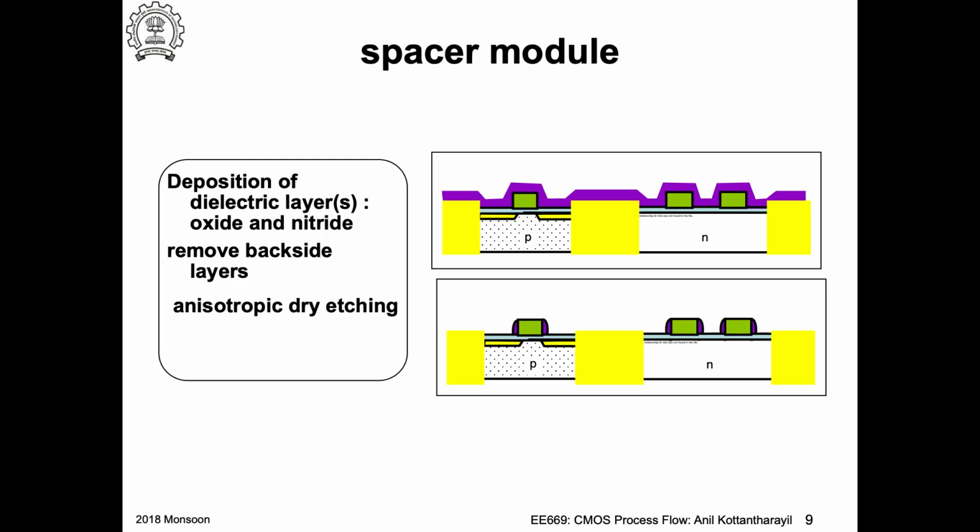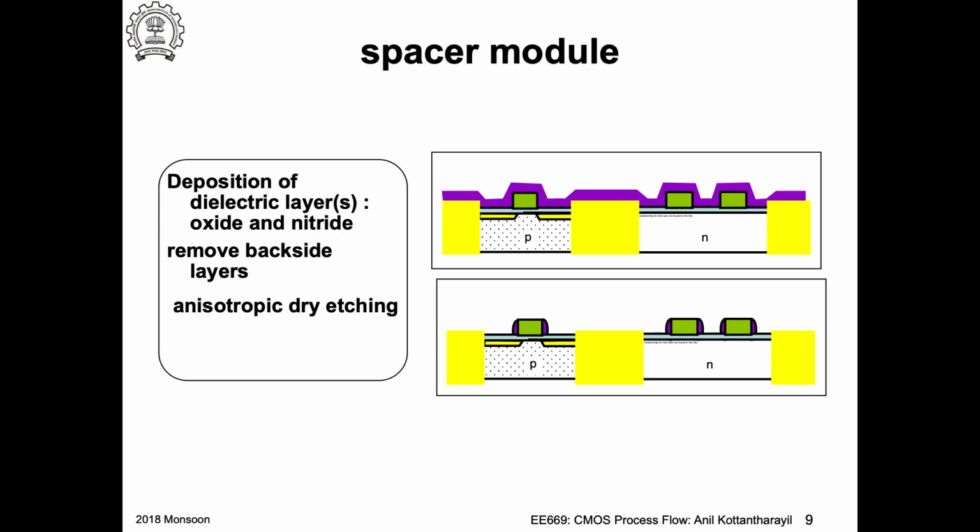So now we have the gate, the source drain extensions, and so on. We would now create spacers. You are going to deposit dielectric layers. First would be silicon oxide, and then silicon nitride.